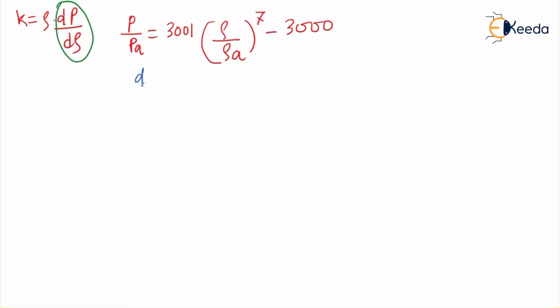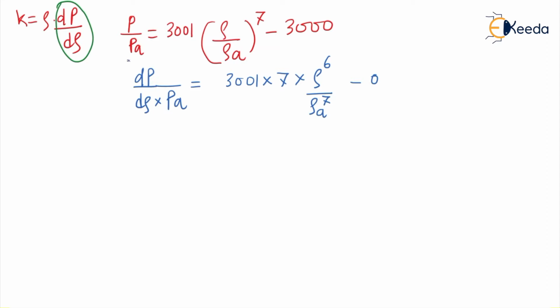What we will get is dp over d rho into Pa on the left hand side, which must be equal to 3001 into 7 into rho to the power 6 divided by rho A to the power 7, minus 0.